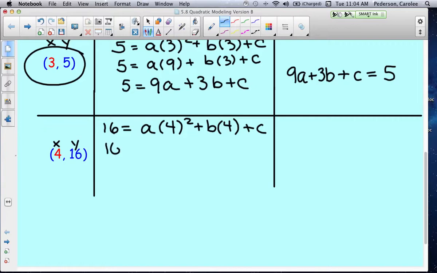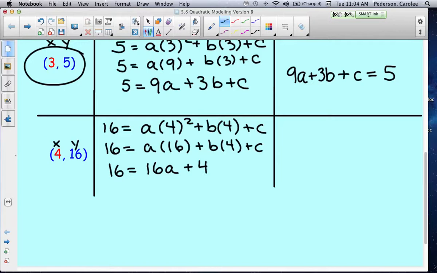Now let's reduce it. 4 times 4 is 16. And then 16 times a is 16a. And then 4 times b is 4b. Now let's write in the same order. 16a plus 4b plus c equals 16.